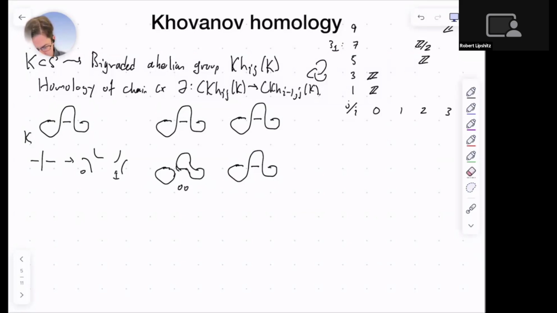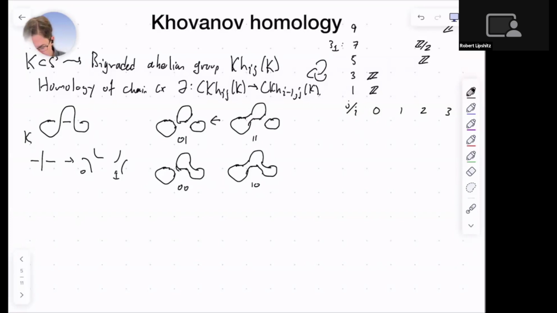Or I could do the 1 resolution at the second one and the 0 at the first, so same resolution that I had there, but the 1 resolution there. Or I could do the 1 resolution at the first and the 0 at the second, or the 1 resolution at both. You get a little cube.